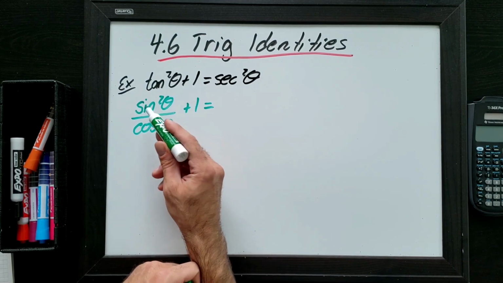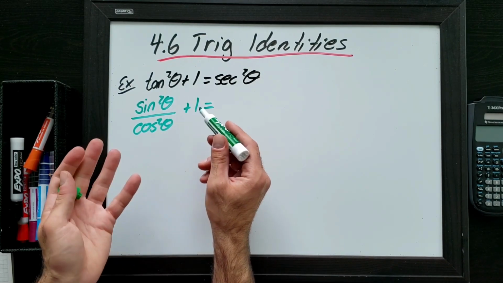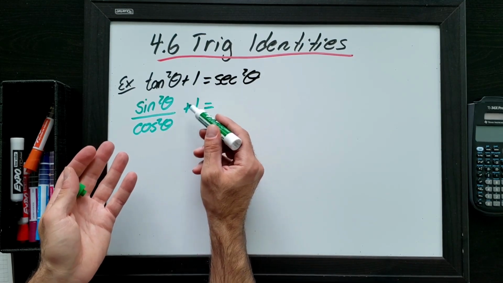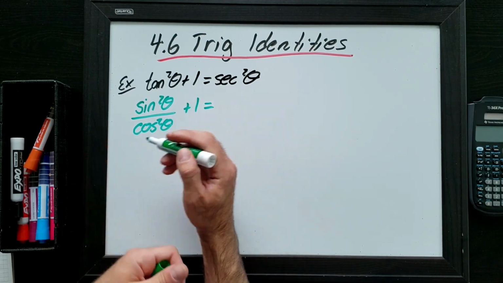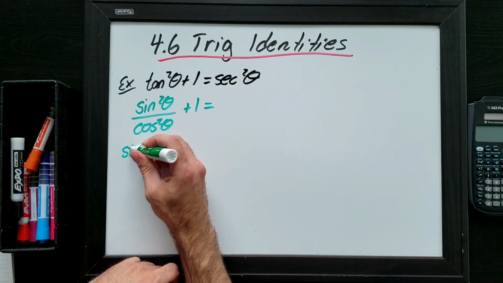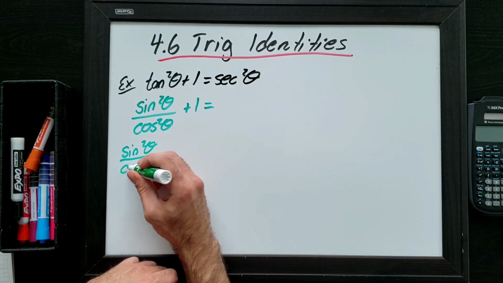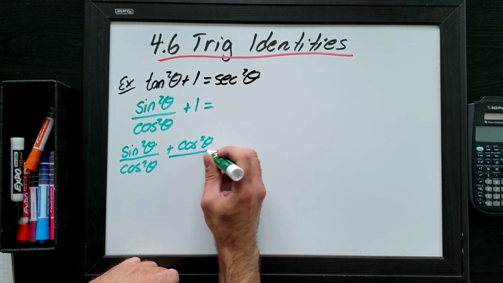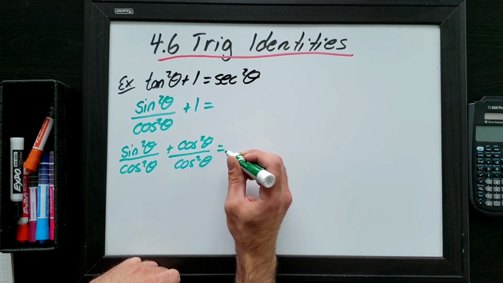Now, I have a fraction with a 1. I use one of my math skills. I can add this, but this has to be in a common denominator. So I'm going to change this 1 into a common denominator with the cos squared theta. So this is sine squared theta over cos squared theta plus cos squared theta over cos squared theta.